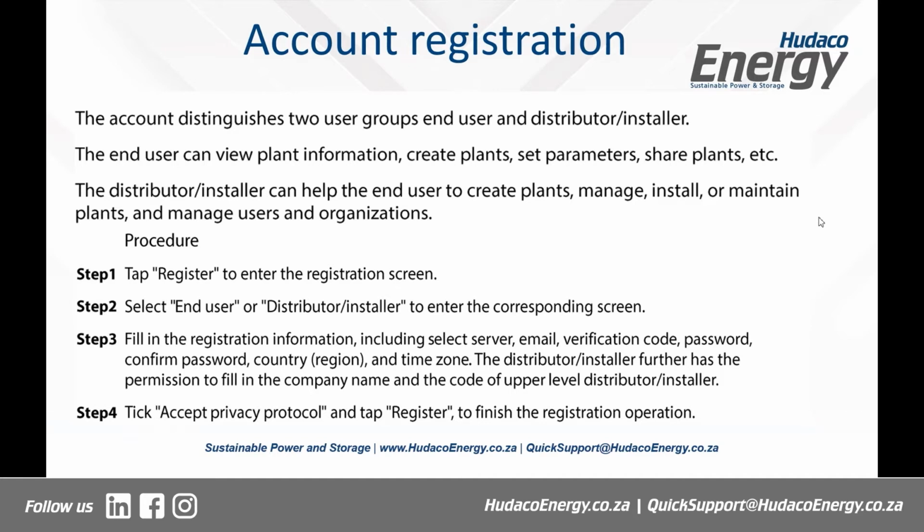If you're a distributor or installer, then you choose that. You fill in the registration information, including the server, whether it's international or European or whichever. Then email, verification code, and then you put in a password. Then you have to confirm the password and the country, region, and time zone.